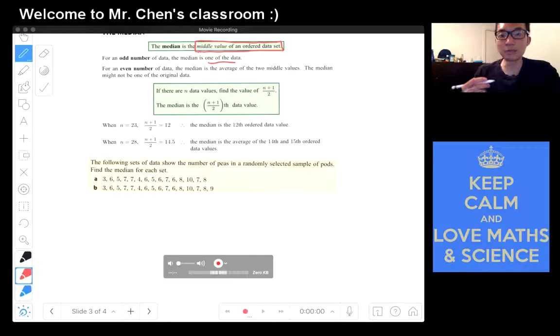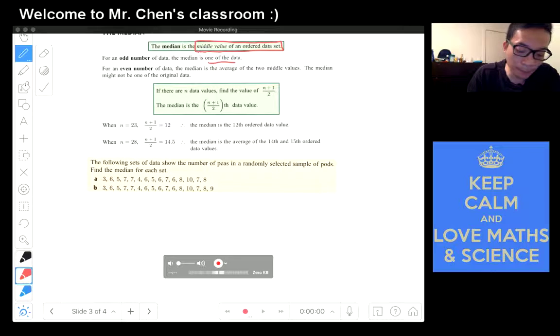So let's say you have seven people measuring their height. The fourth member, which is the middle person, will be the median.